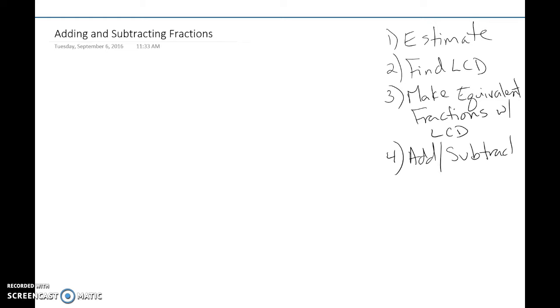Numerators only. You keep the denominator. And 5, you simplify, because we love to simplify.